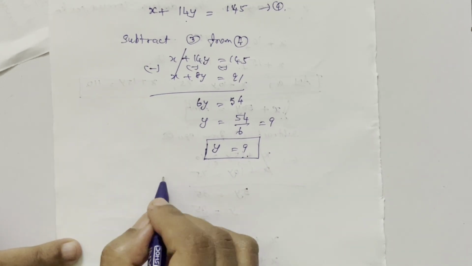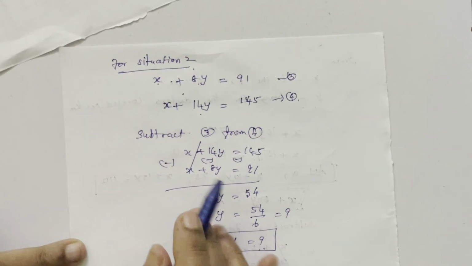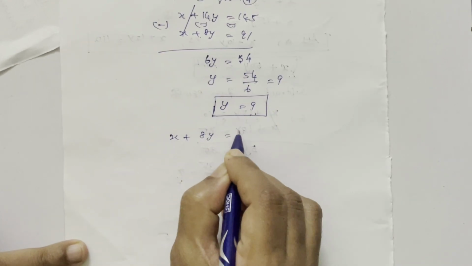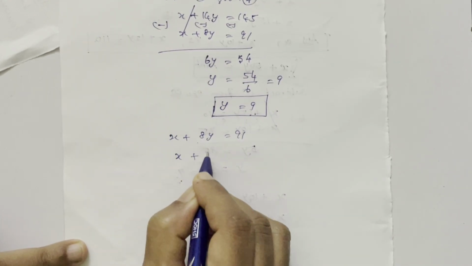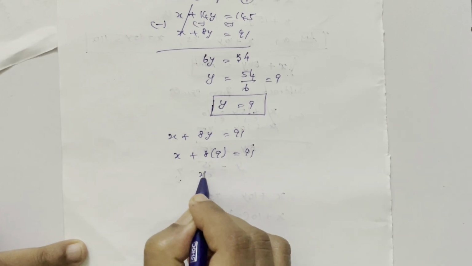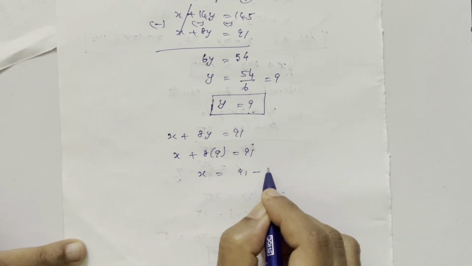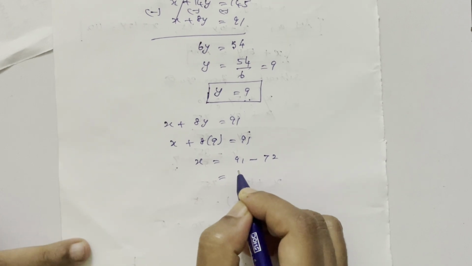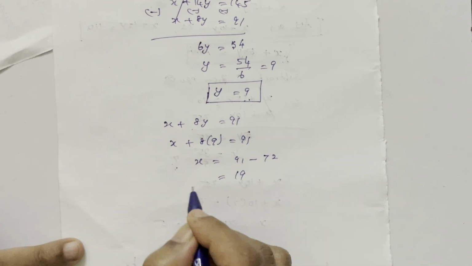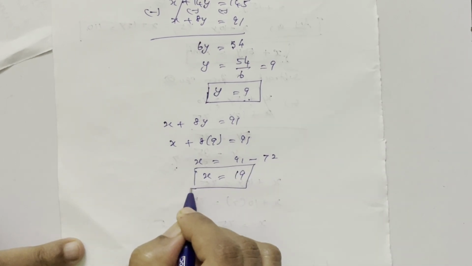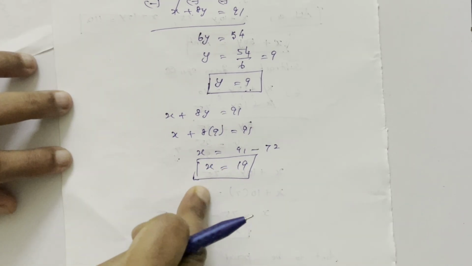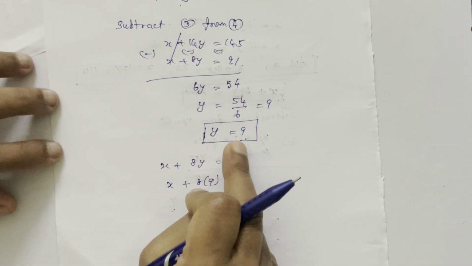So we have to calculate the fixed charge. I am using the first equation to find x. x is rupees 19. Now we have calculated the fixed charge and the charge per kilometer.